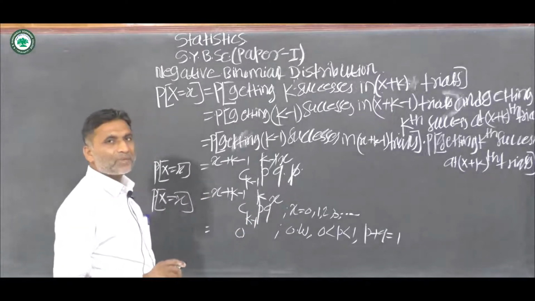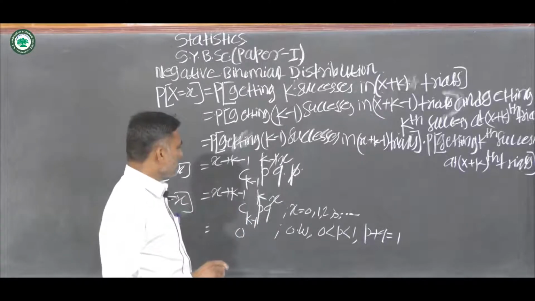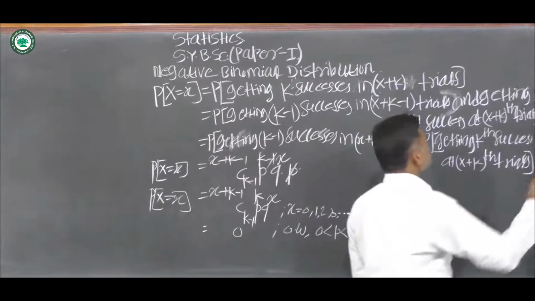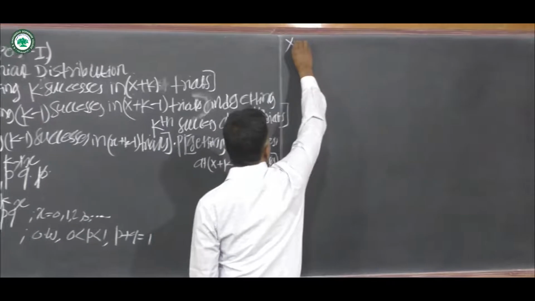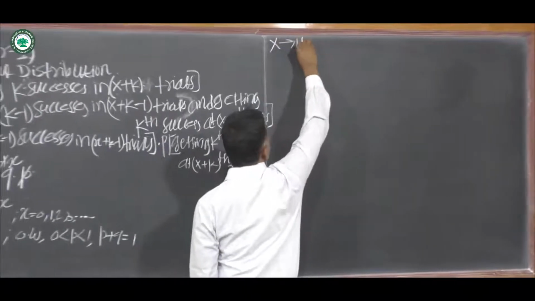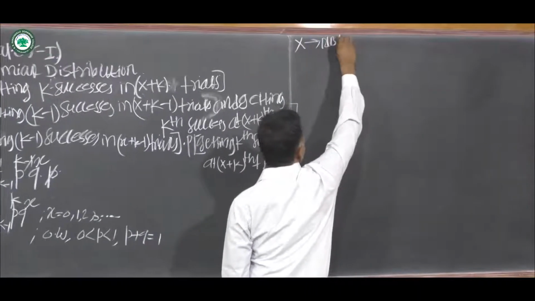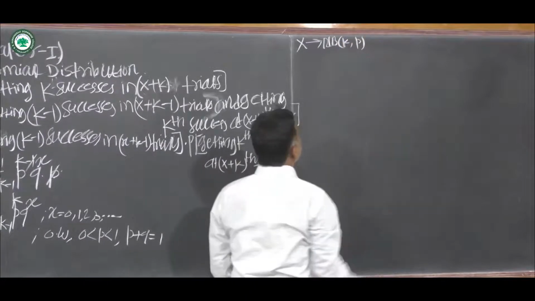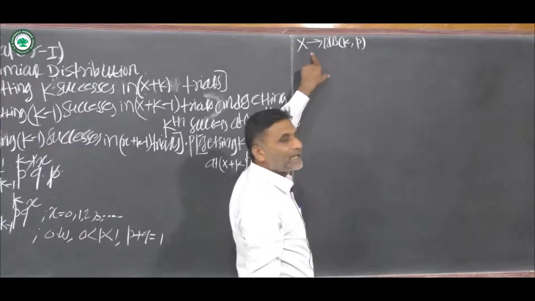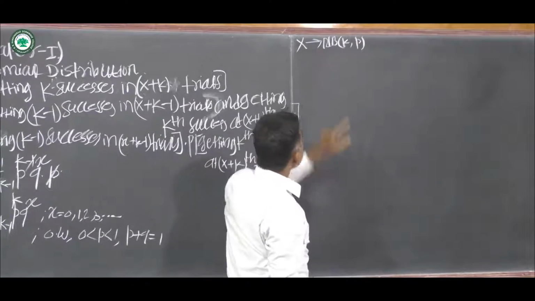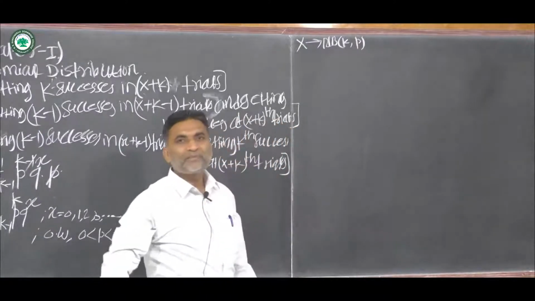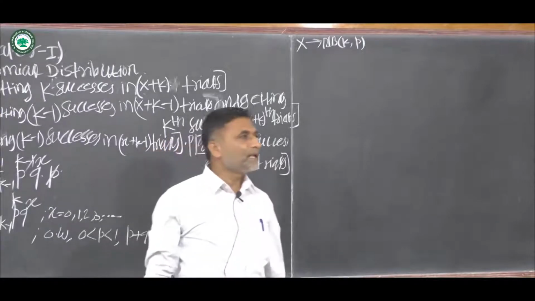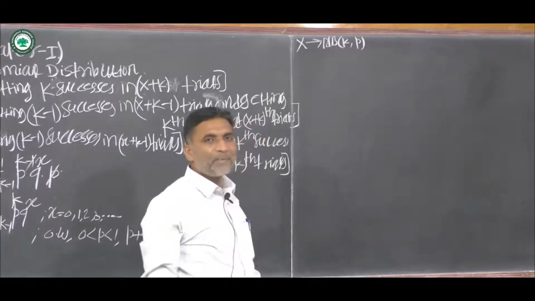K is the number of successes, p is the probability of success. Its notation is X follows negative binomial distribution with parameters k and p.